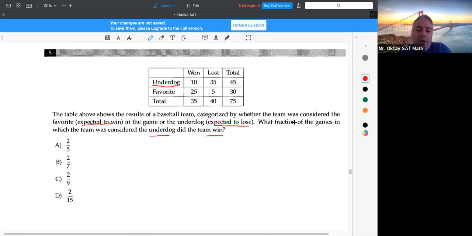Underdog means. The question is, what fraction of the games in which the team was considered underdog, which is here, did the team win? What can we say? So underdog is here.